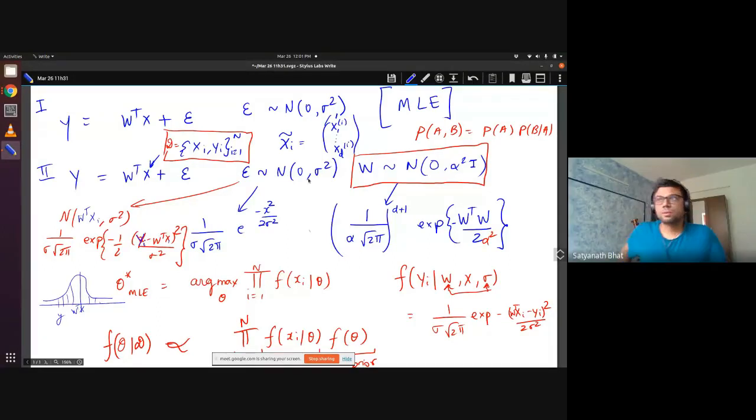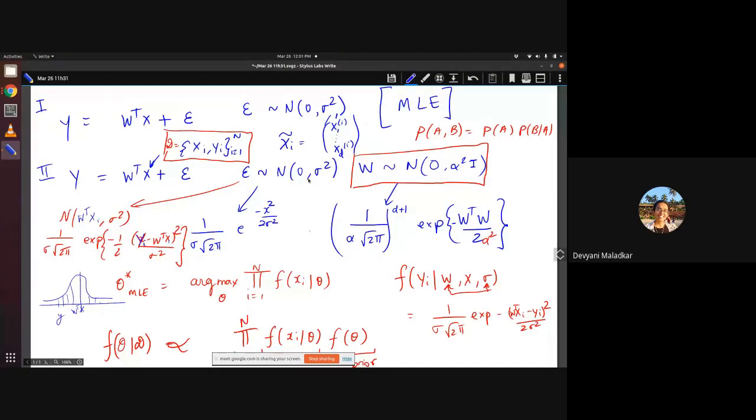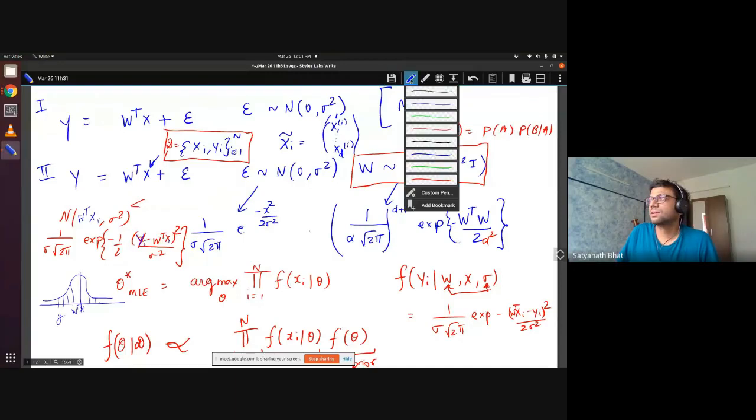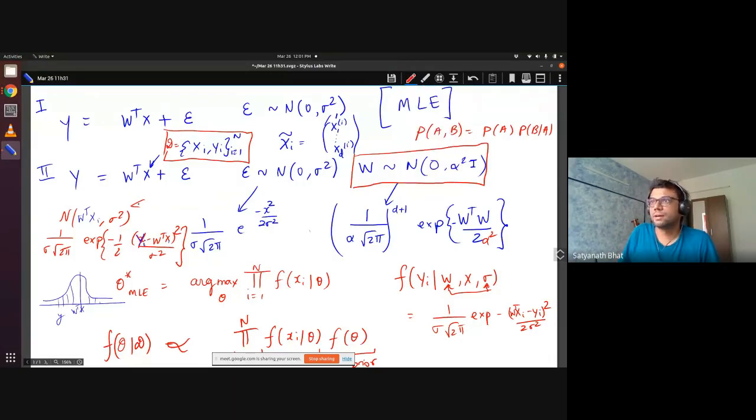No, your arrow is wrong. Which arrow is wrong? The red one which is pointing. Oh, okay. I meant this. Yeah. Thanks, Devyani. That should be useful.